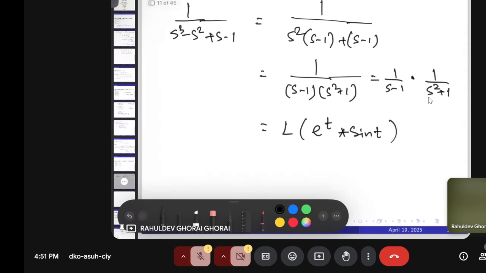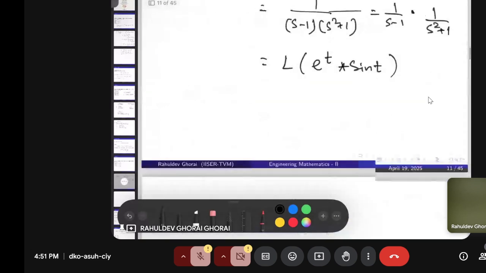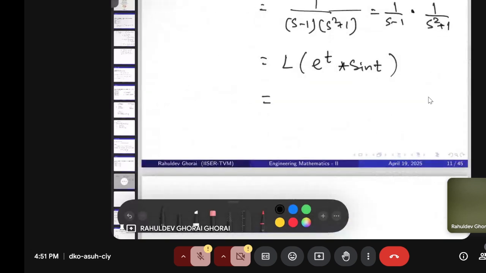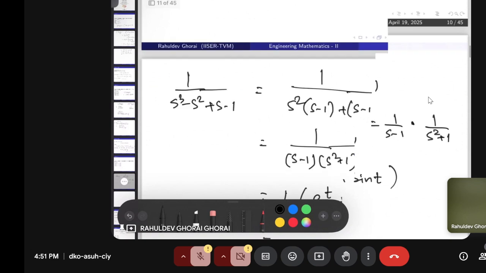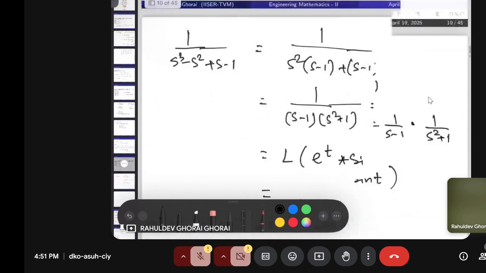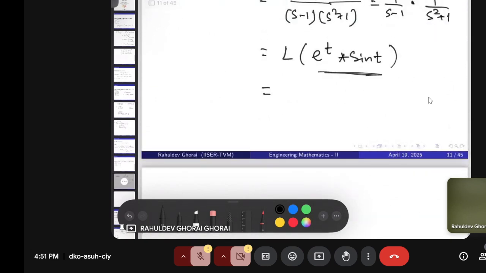That's a convolution. So using convolution, what you can show is that, in general, you need to find the inverse of the Laplace transform.